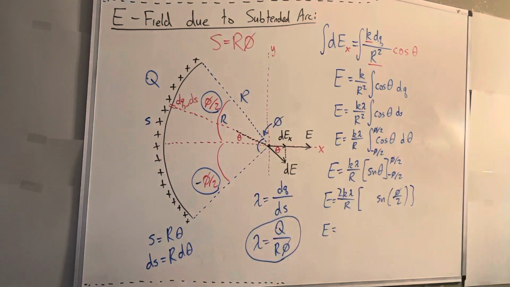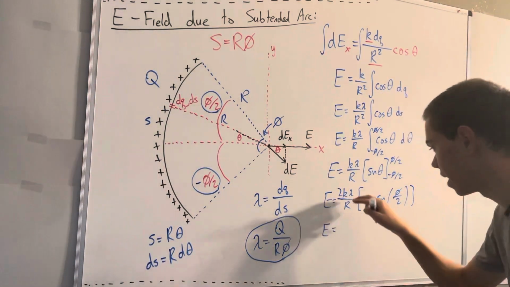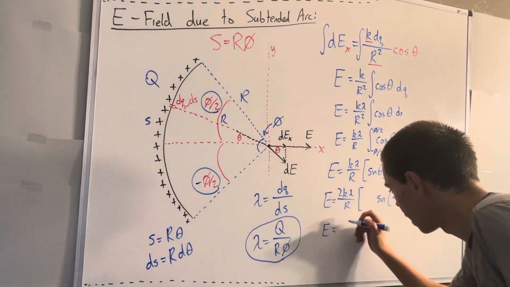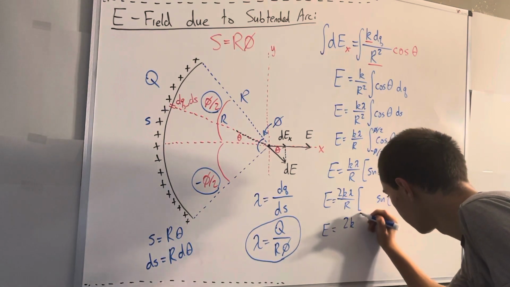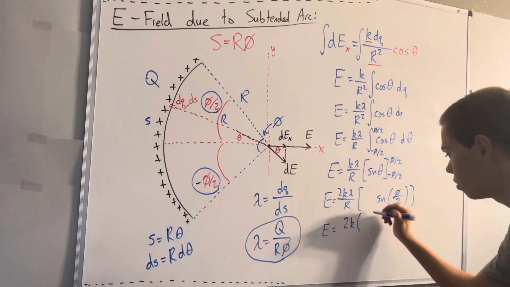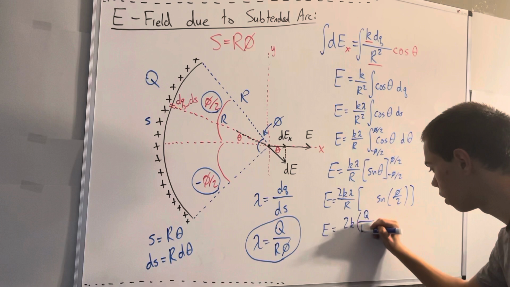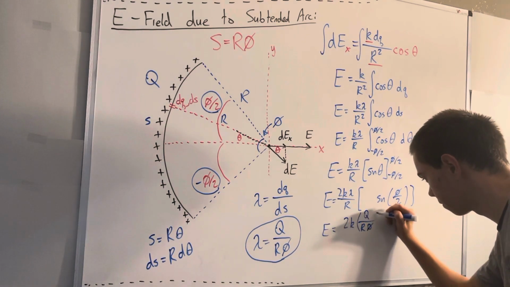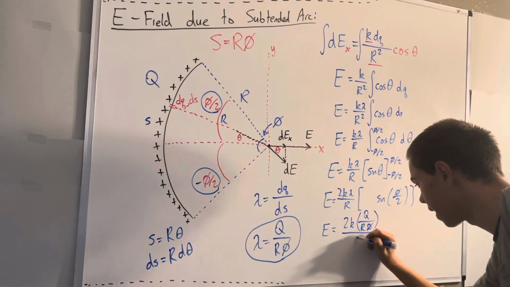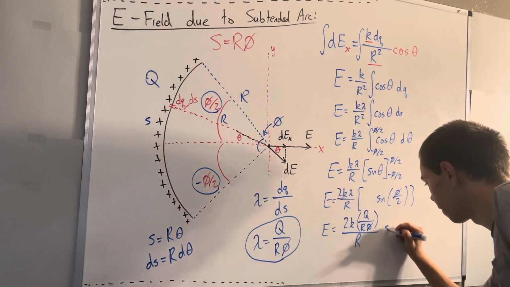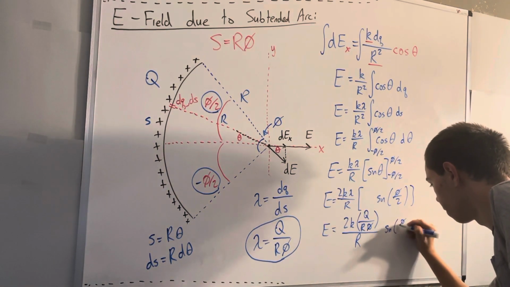So we just write lambda for what it is. We have 2k times lambda, which is q over r phi, divided by r, and then we have the sine of phi over 2.